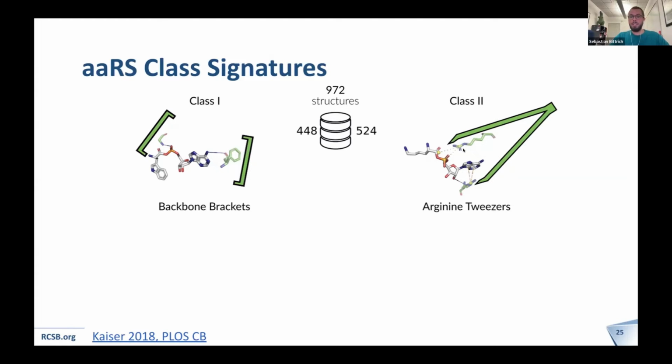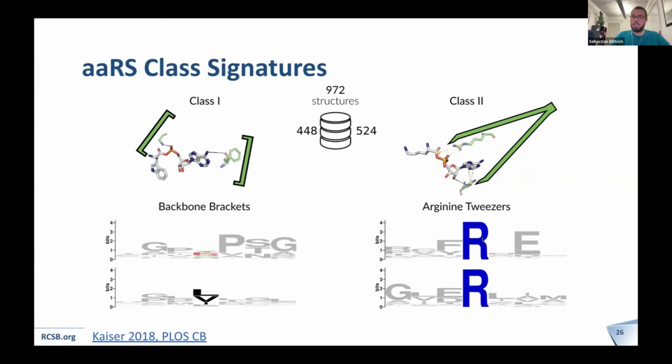So this is a fairly self-explanatory motif, and we saw this being present in pretty much all class 2 aminoacyl-tRNA synthetase structures. So this is a pattern specific to class 2. And we called them the arginine tweezers. And again, you can see them clearly at sequence level if you know where to look for them.